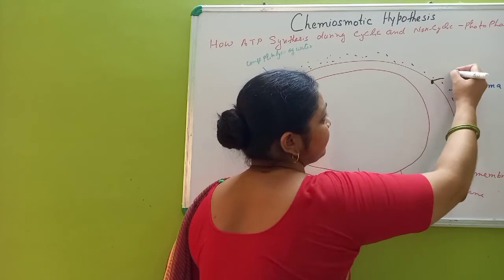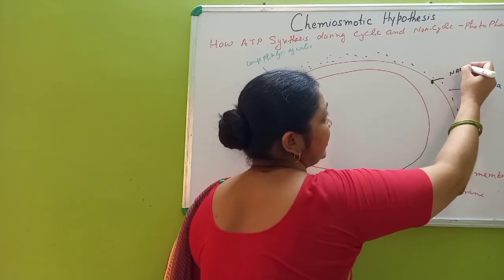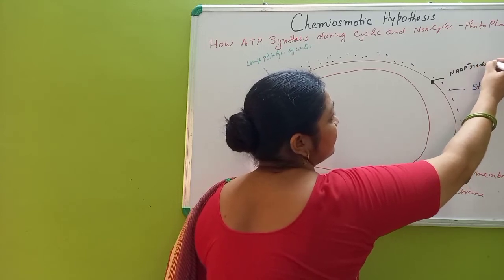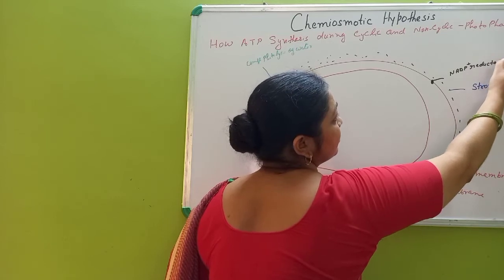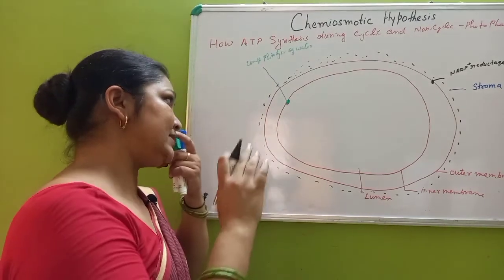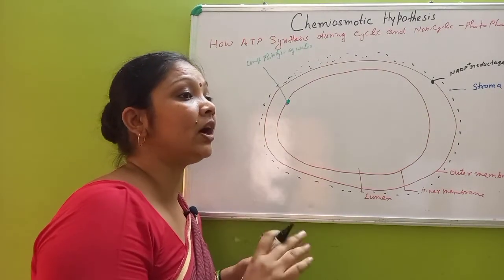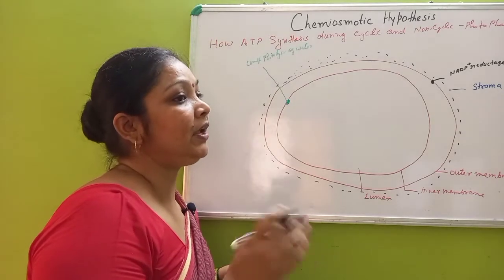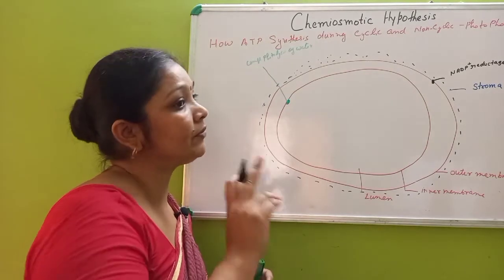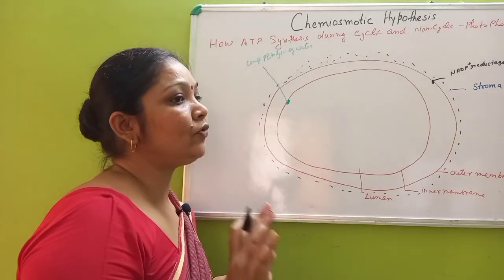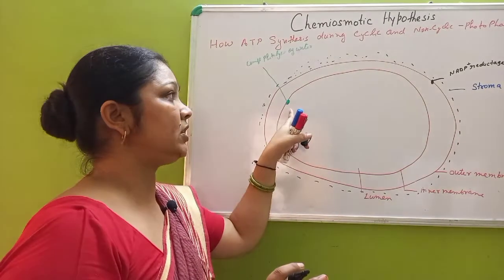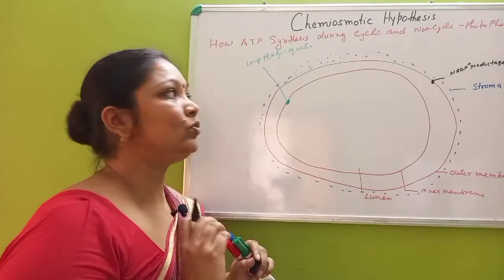It is an enzyme that is going to reduce the NADP into the NADPH2 that is formed during the process of photophosphorylation. Now these two things are clear to you, that is it is present in the inner membrane and it is present in the outer membrane.